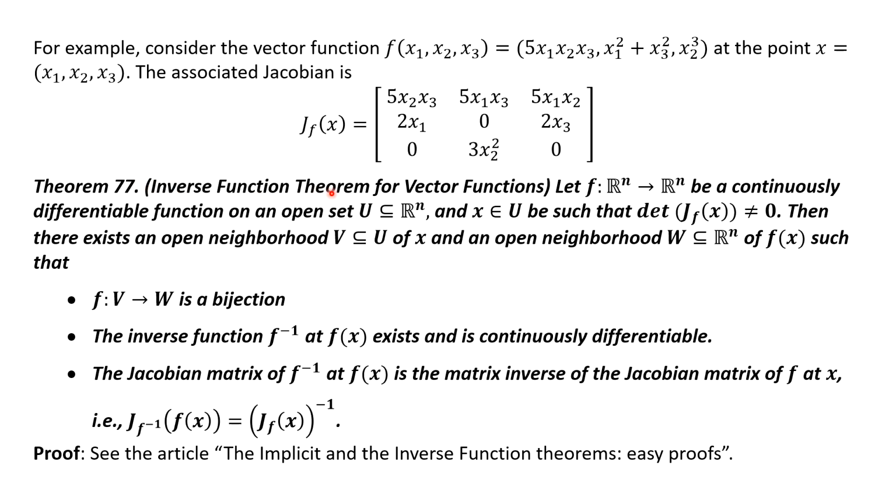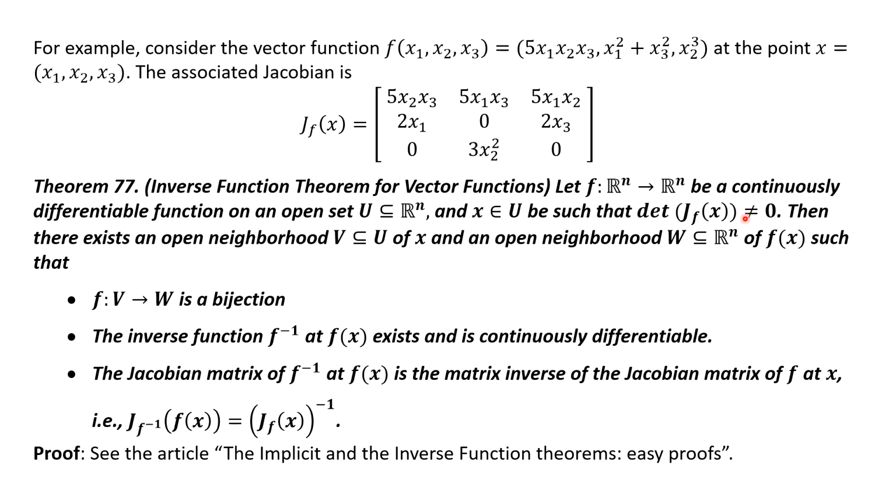Now, the inverse function theorem. We have a function f from Rn to Rn. It's continuously differentiable. And what this theorem says, and you have a point x in the domain such that the determinant of its Jacobian, so for example this here, does not equal 0.